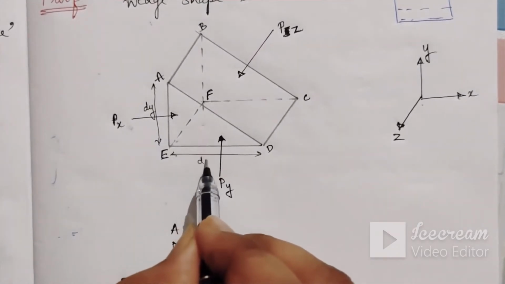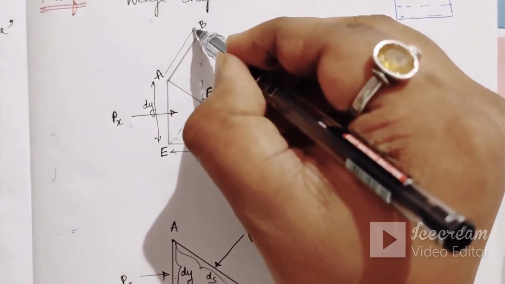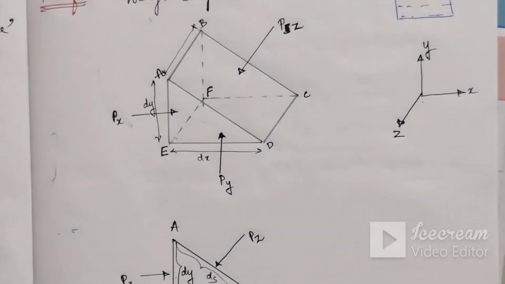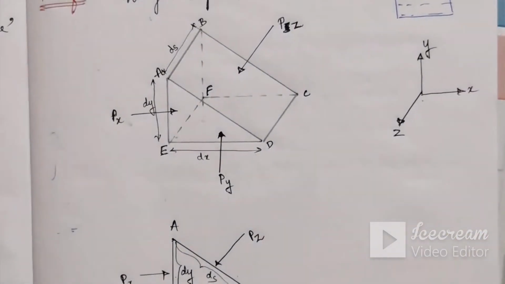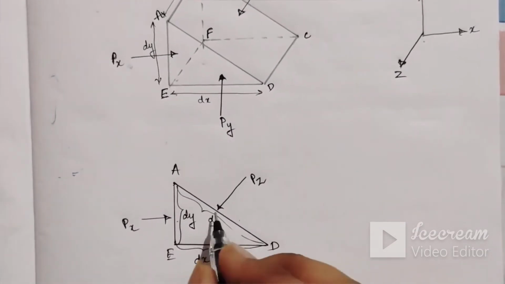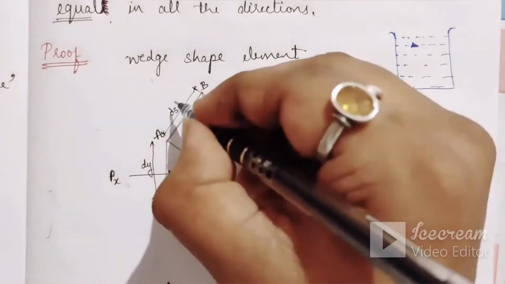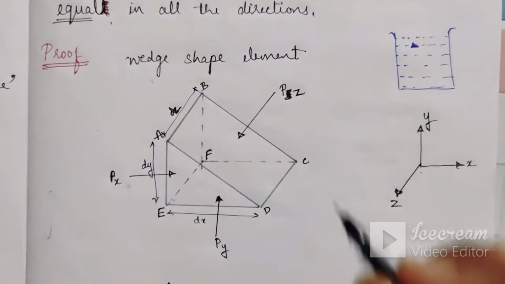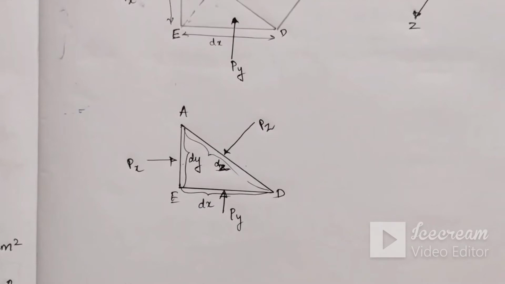Dy, this is dx, and this one can be taken as ds or dz. I'll take z only, so as not to give another term and confuse you. So this is dz and this is also dz. So just what we did, we took a wedge shape water element, that's it.